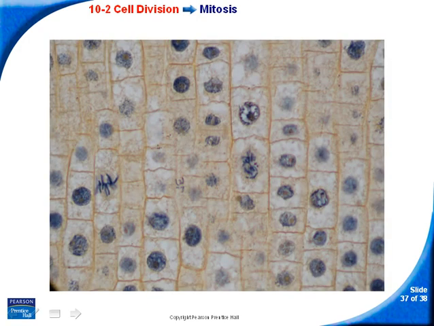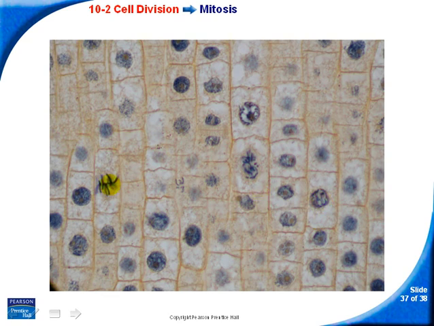And let's look here. Here's some onion root tip, and this is a pretty standard lab that's done where you actually can see mitosis occurring, or the whole cell cycle, and you can see there's a lot of cells here. I'm willing to bet that that's an interphase, and that's interphase, and that's interphase. Here you might have prophase right here, where the DNA is condensing, the chromosomes are condensing.